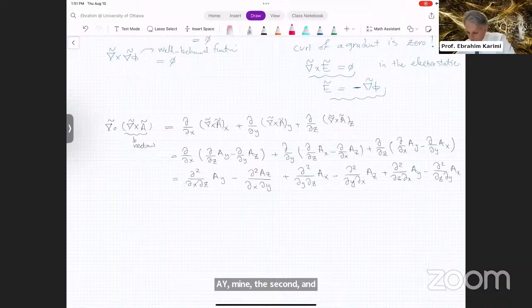So look at the terms. This term is identical to this term with a negative sign, so they will cancel out each other.